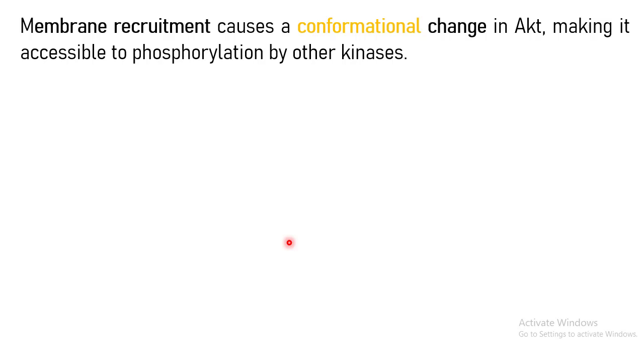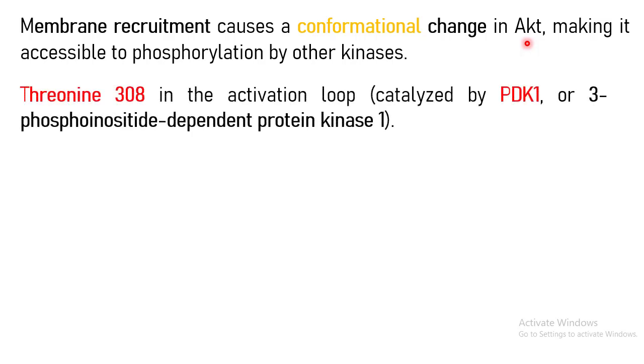This membrane recruitment is responsible for conformational changes in the AKT, and these conformational changes make the AKT accessible to phosphorylation by other kinases. Two of these kinases are very important. One kinase is known as PDK1, the full form of which is phosphoinositide-dependent protein kinase 1.